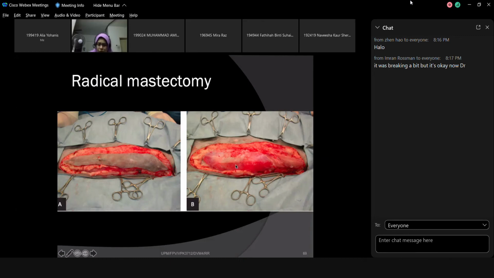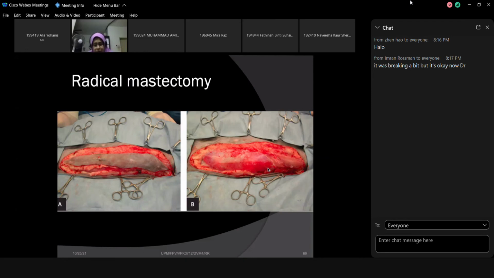Sometimes the invasion of the tumor is very deep, and you might need to remove the whole abdominal wall. So here comes the importance of knowledge of surgical mesh.